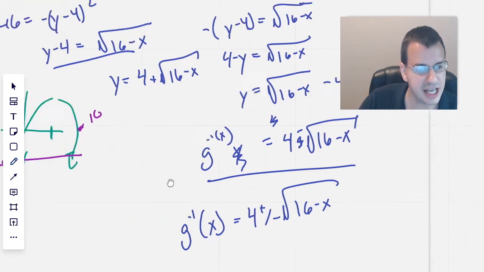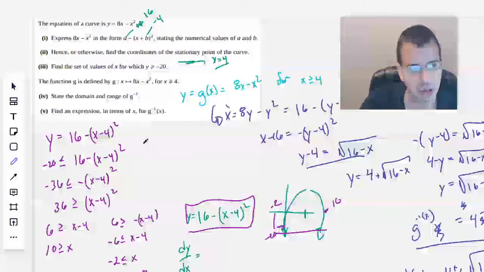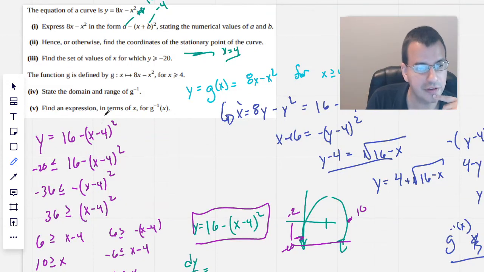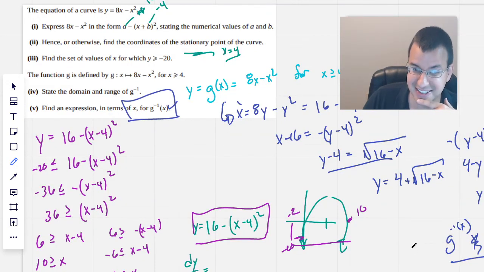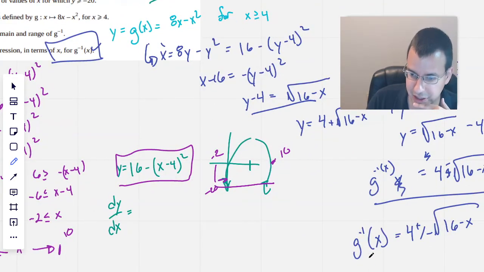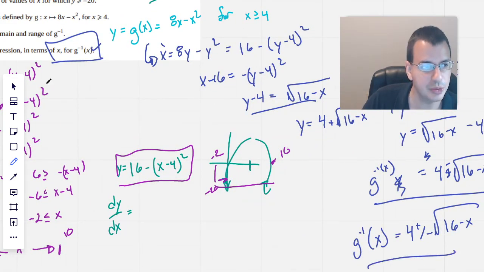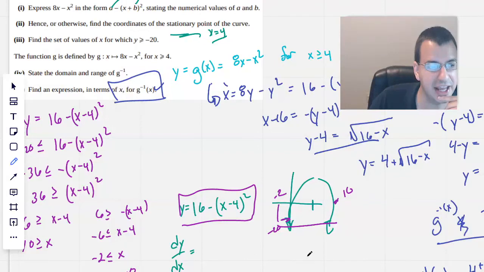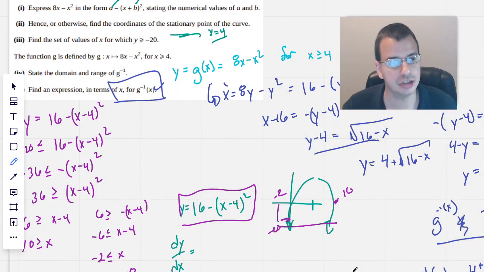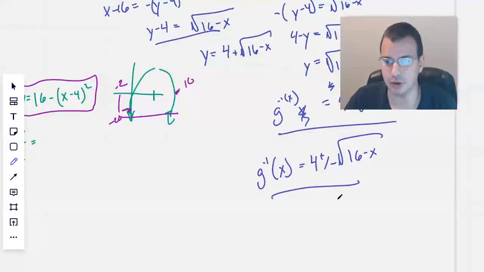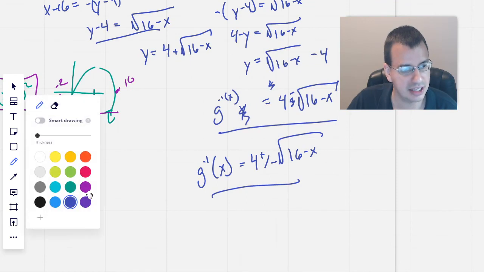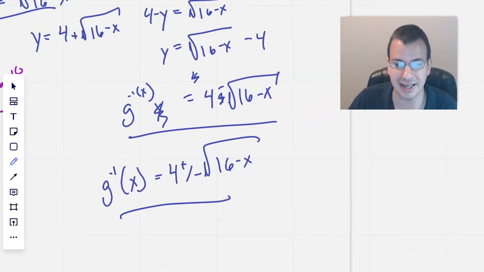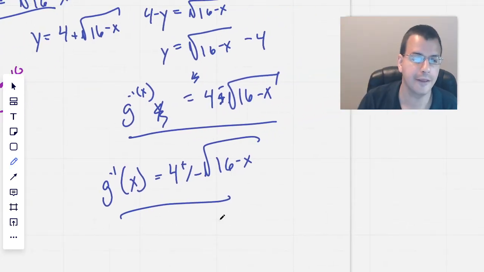And I think this actually answered it. So we go back to what we're actually trying to answer here: find an expression in terms of x for g inverse of x. So that part is done. That's what this is right here. And now it's easier to see what the domain and range would be. So the domain is whatever x can equal. x is going to have to be at least 4.